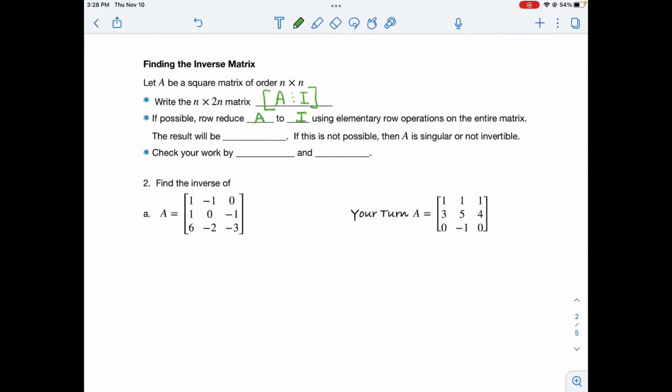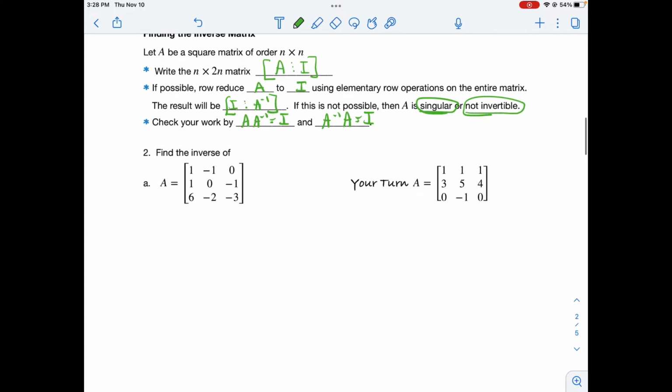And then our goal is, on the left-hand side, where you have matrix A, to make that into the identity matrix using the elementary row operations that we learned. And then our result would be the identity matrix, dot, dot, dot, our inverse matrix. Now if A is singular, or not invertible, we will get something that is impossible to do. And then we could always check our work if we want to.